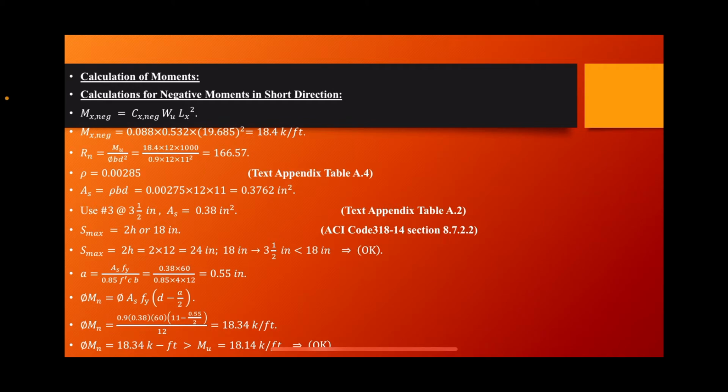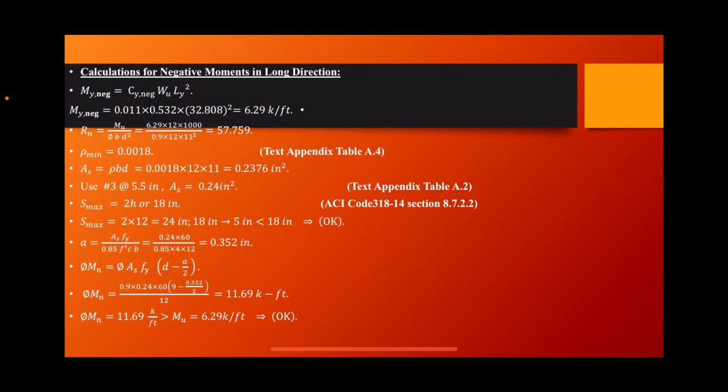Then we check for the maximum spacing. We have it at 3.5. It's less than 18, which is the maximum. Then we calculate the design moment. We got it at 18.34, which is less than the ultimate moment, which is okay and safe.